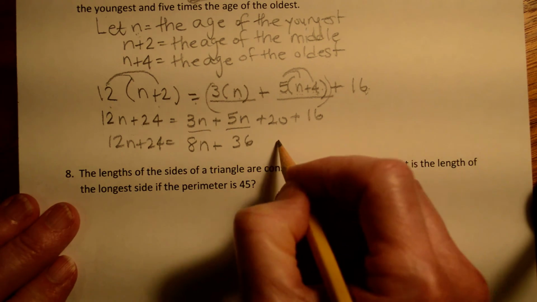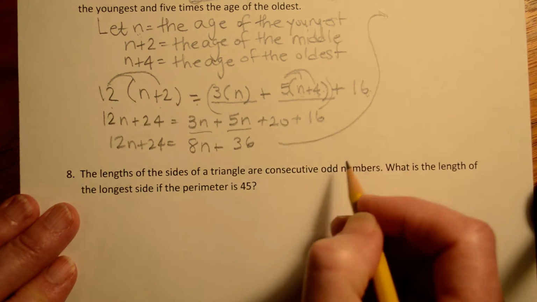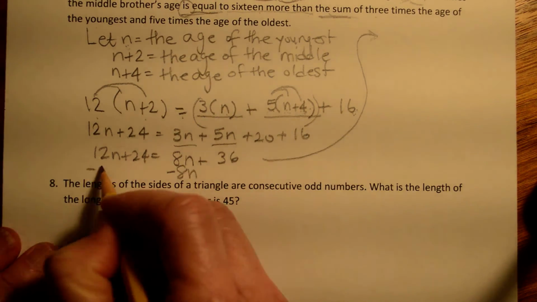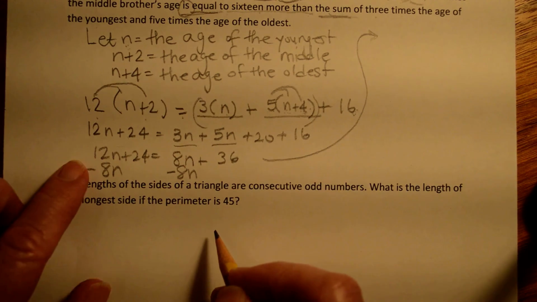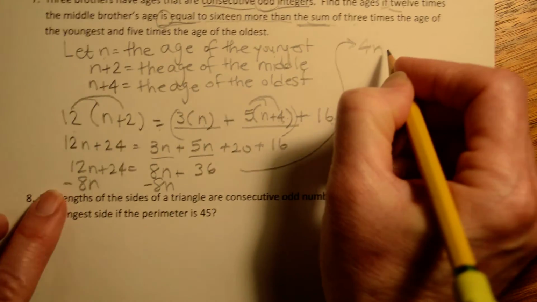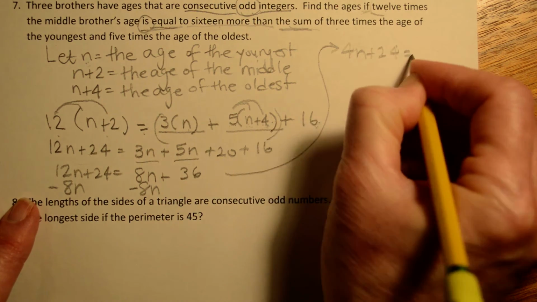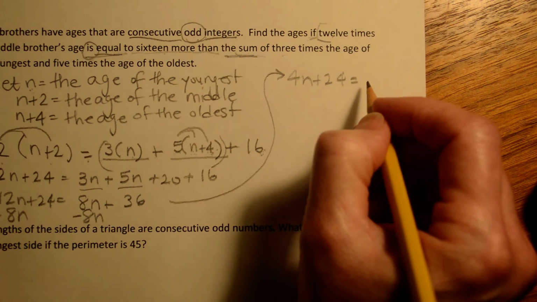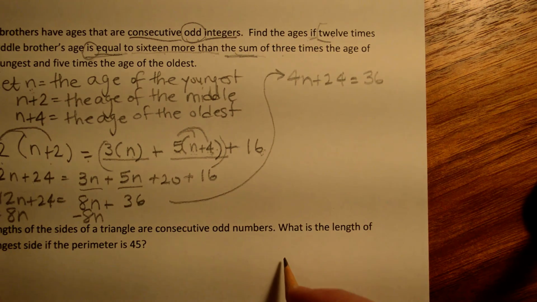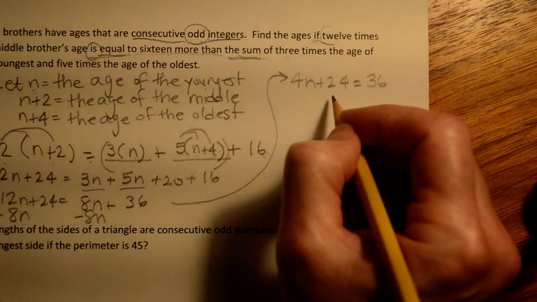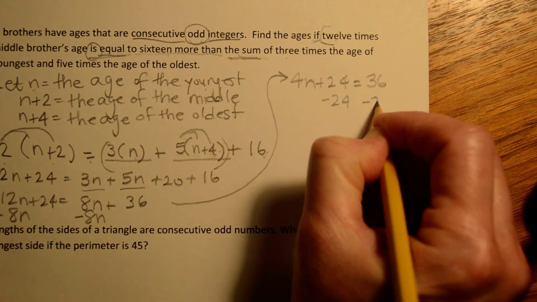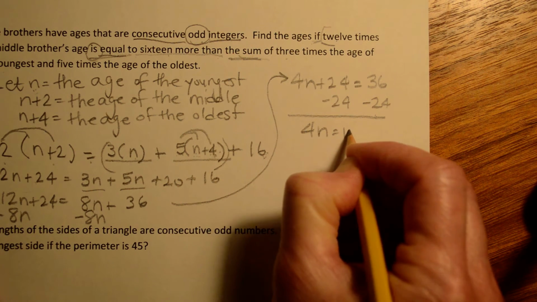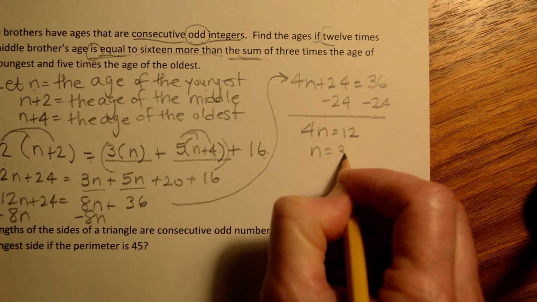All right, now we're going to subtract 8n from both sides. So when we do that, we're going to get 4n plus 24 equals 36 on the right side. Let me subtract 24 from both sides. We get 4n equals 12, and then that means n equals 3.